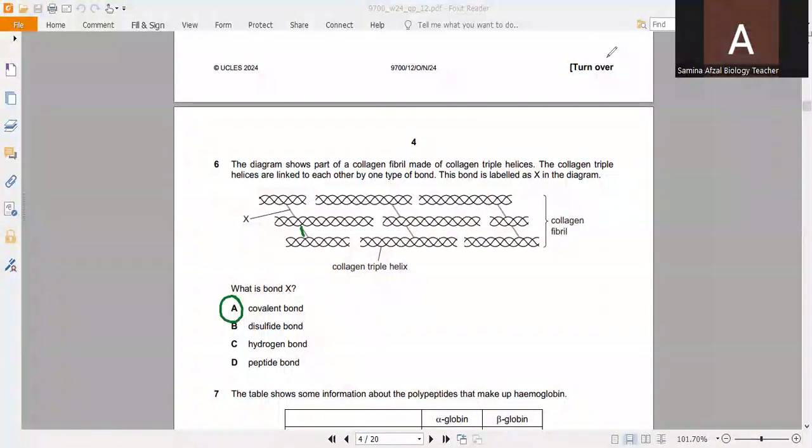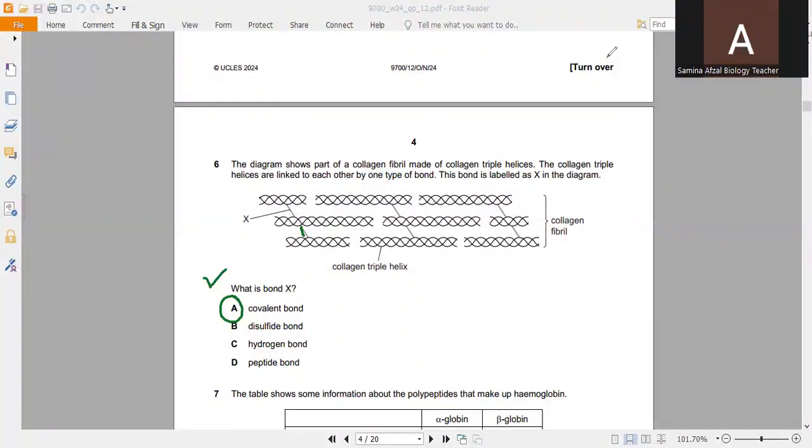Only these covalent bonds provide that, whereas disulfide bonds are also important in stabilizing protein structures, but they are not the primary type of bond involved in linking the collagen triple helix. These disulfide bonds exist in collagen fibrils, but they do not work as cross links.